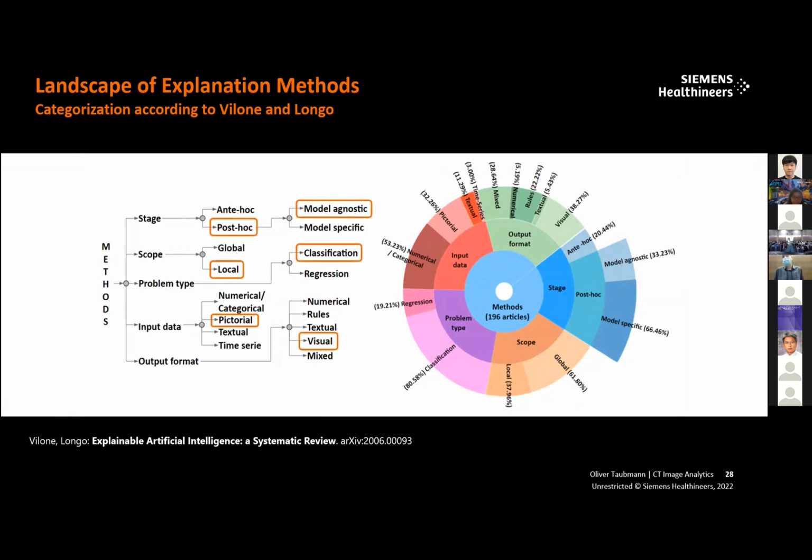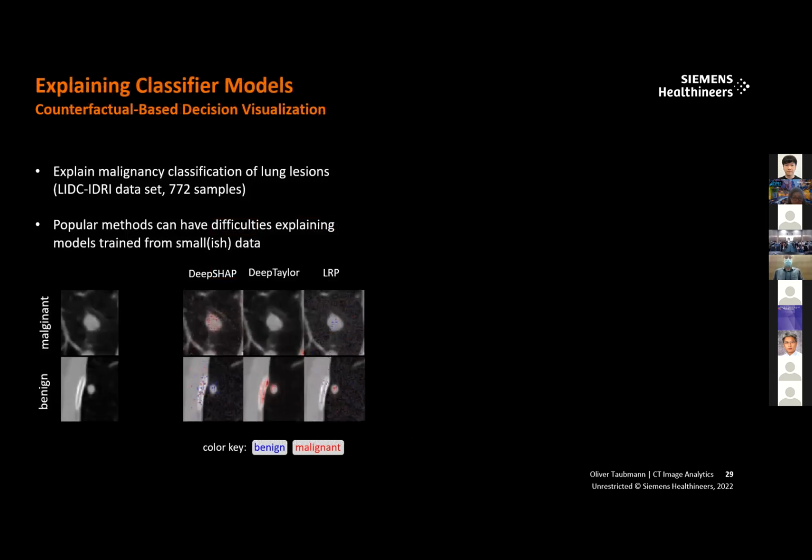It's yet another post-hoc, but rather model agnostic way of providing local visual explanations for a classifier. And we did some experiments on the LIDC-IDRI dataset of lung lesions and a malignancy classifier trained on them. And we saw that several of the popular methods had difficulties producing explanations that were of good quality and consistent.